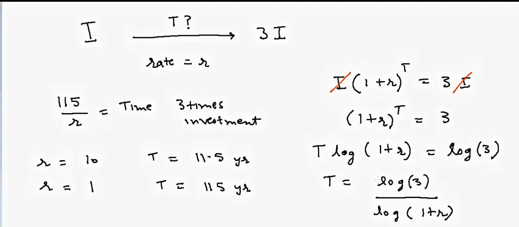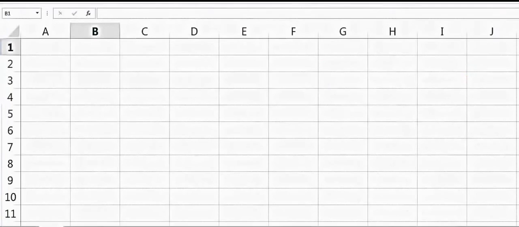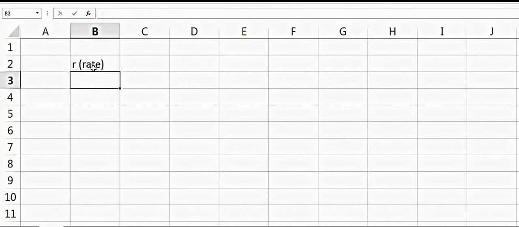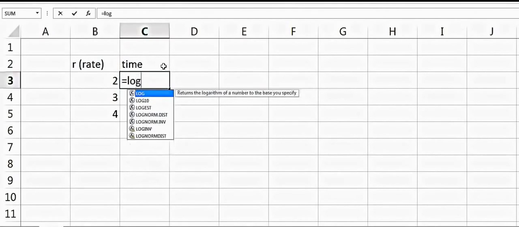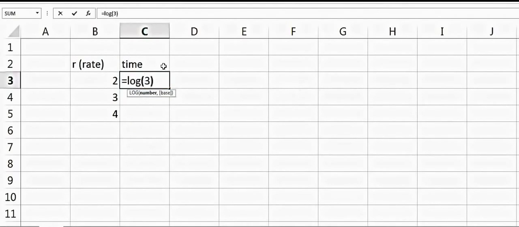So let's try to solve this equation in Excel. If I go to Excel, suppose R is my rate, and we have the rate varying from 2, 3, 4, and our time will be equal to log of 3 divided by log of 1 plus rate, right?